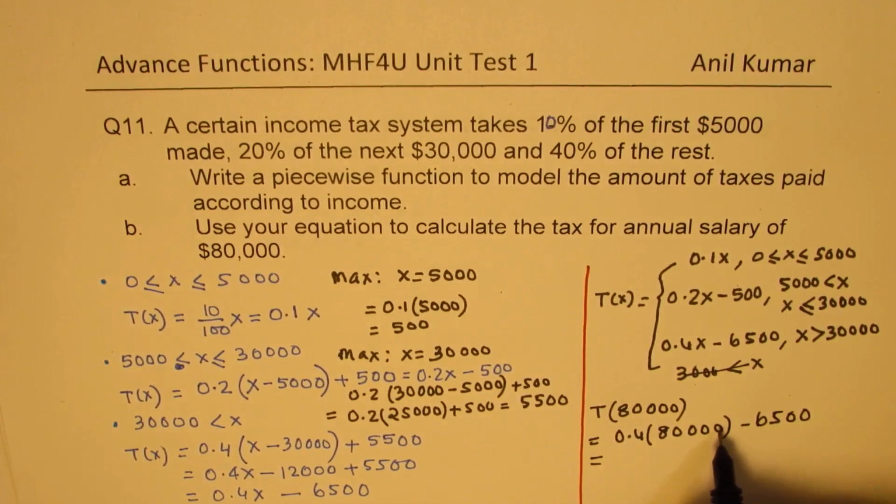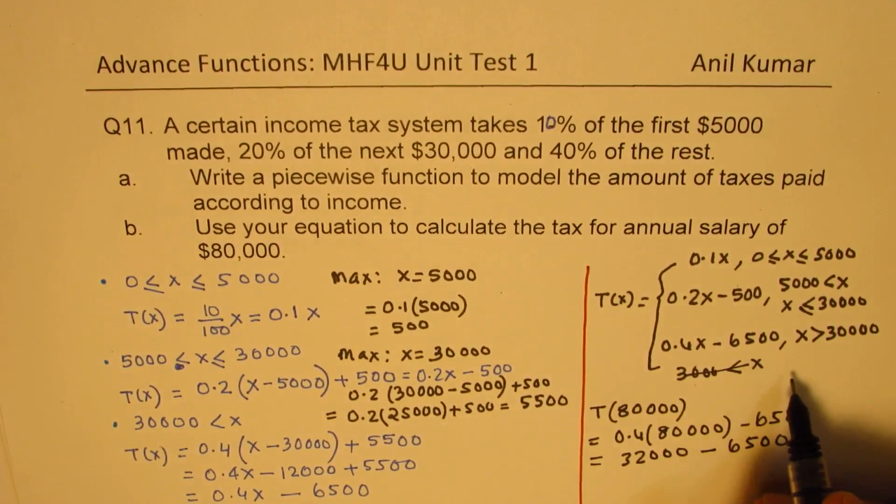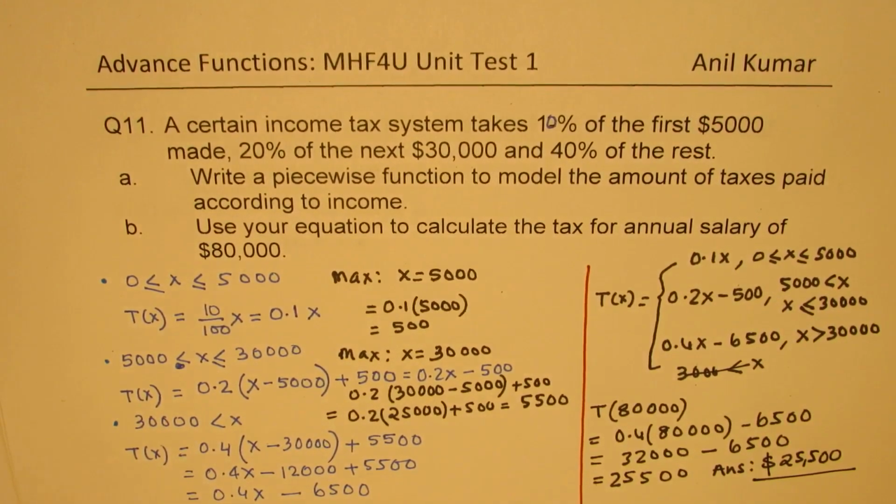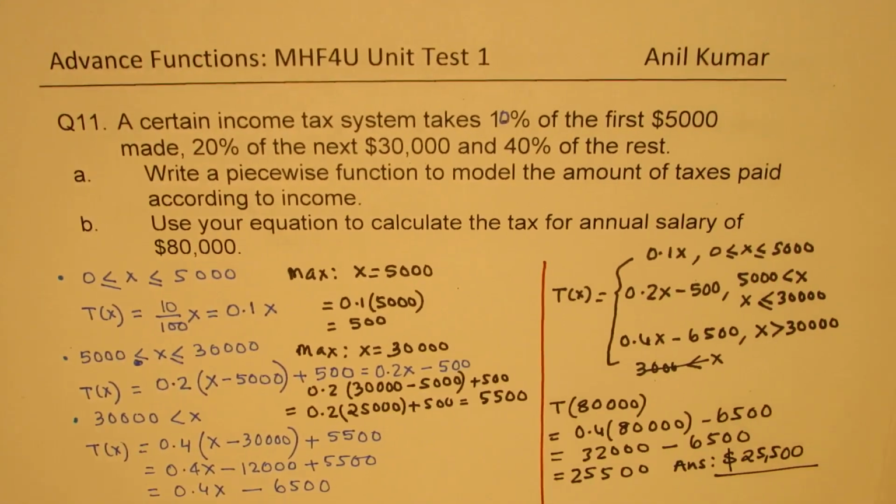So the zero cancels, and we get 32,000 minus 6,500 using our simplified form, and when you do that, 5 borrowed from 31 gives us 25. So our answer is in dollars: the tax will be 25,500. So that is how we are going to answer this question. I hope it makes sense.